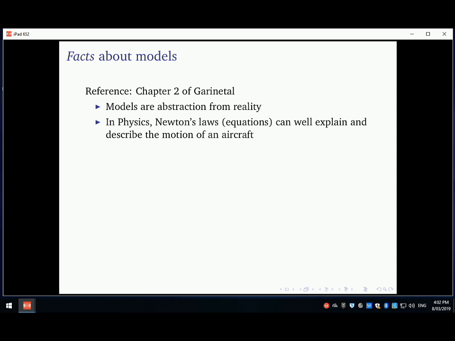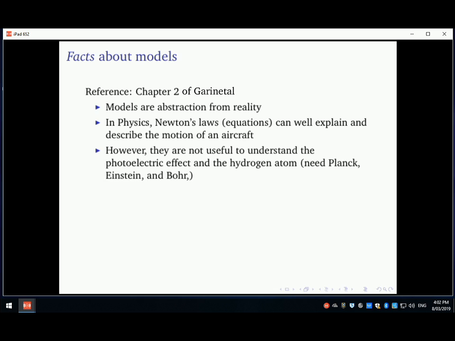For example, in physics, Newton's laws are useful to understand some facts about the world, but not other facts. You can simply use Newton's equation to understand an aircraft's movement, but you cannot do it for more complicated setups, or when you zoom into the world in particles.